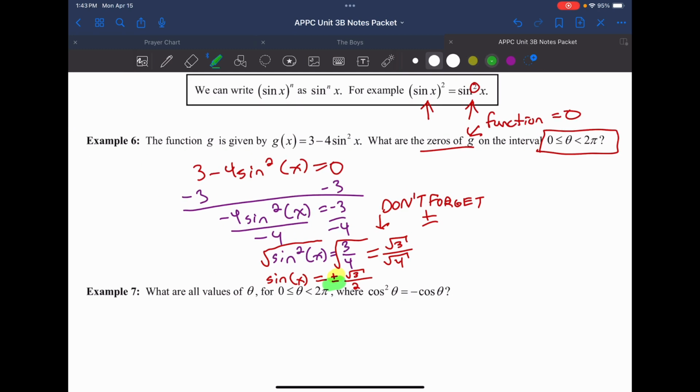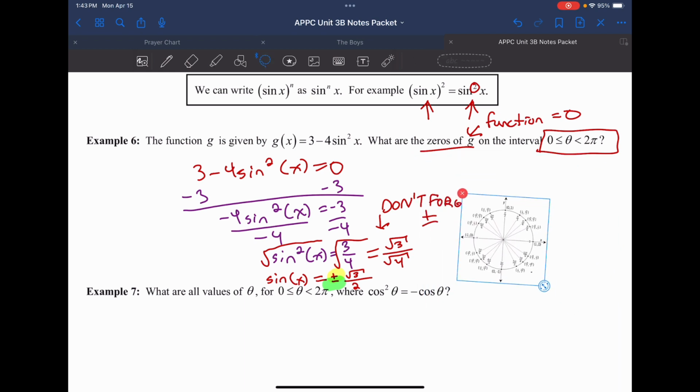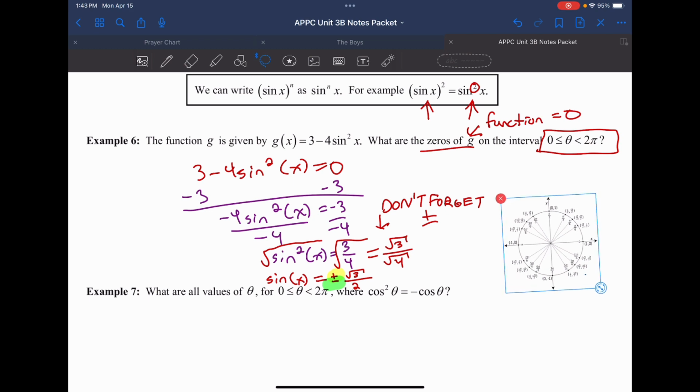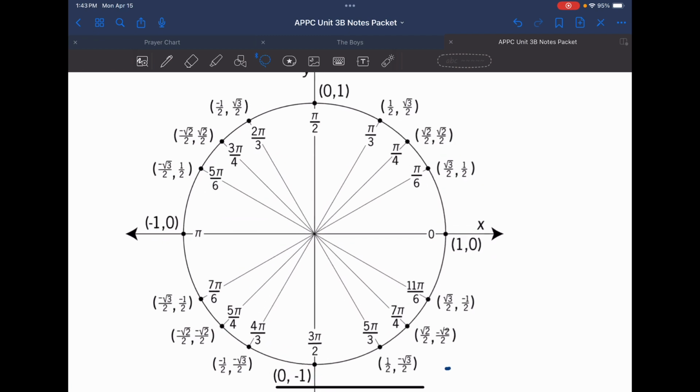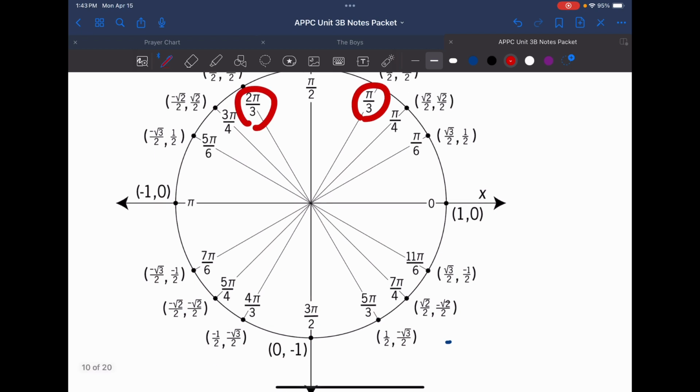If I can paste this right here, zoom it out a little bit. There we go. I'm looking for all the places where it's square root of 3 over 2. And remember, sine is y, so I'm looking at pi over 3. It's all the pi over 3s, because I want positives or negatives.